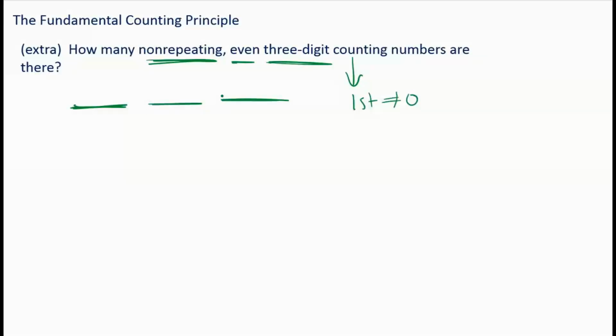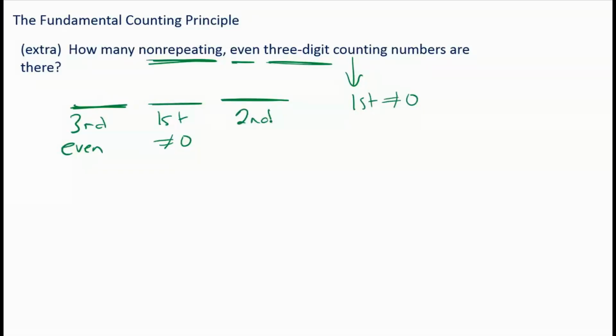It is definitely the third digit that's the most restrictive, because it has to be an even number. The next most restrictive is the first digit, because it can't equal 0. Then you could pick the second digit last, which has no restrictions other than the non-repeating situation.